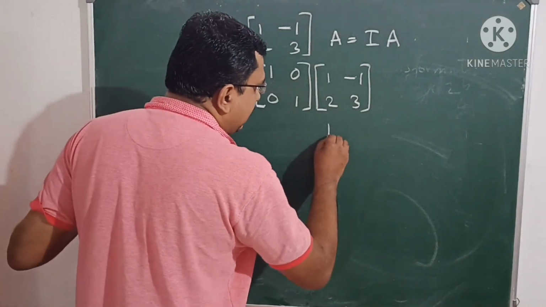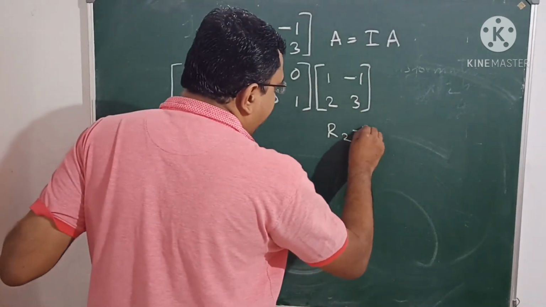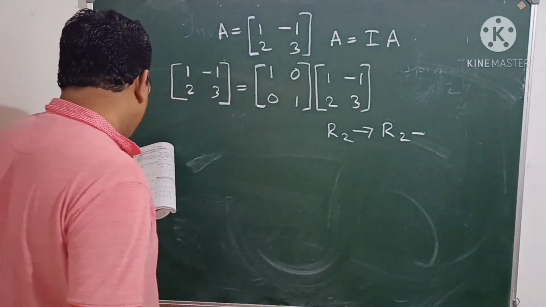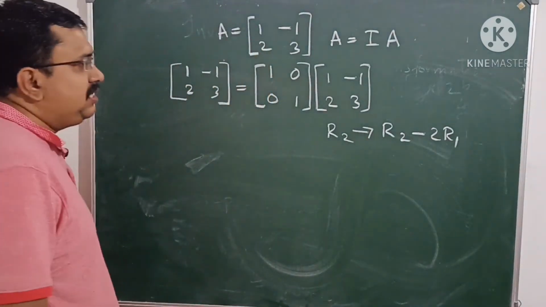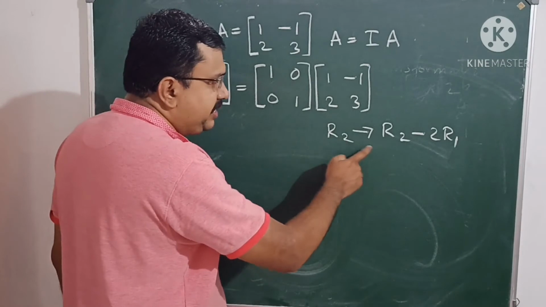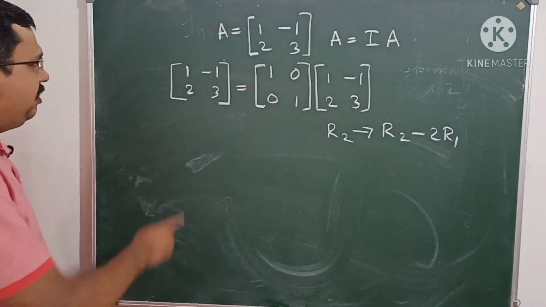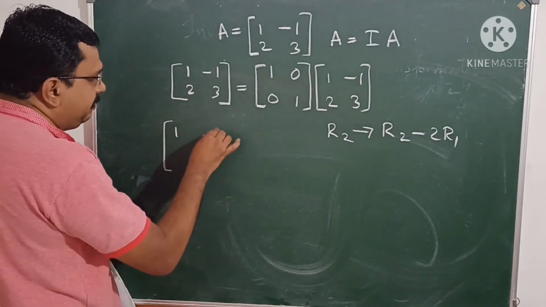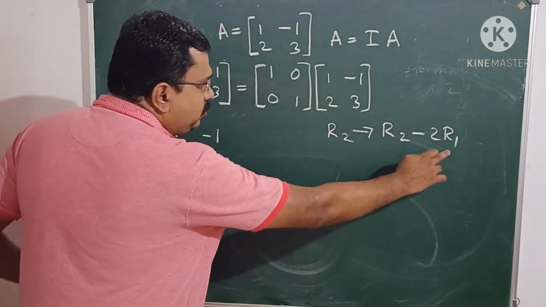Next step is R2. R2 is changing into R2 minus 2R1. That is, our row transformation is R2 changing into R2 minus 2R1. First, R1 has no change, the same: 1, minus 1. R2: R2 minus 2R1.